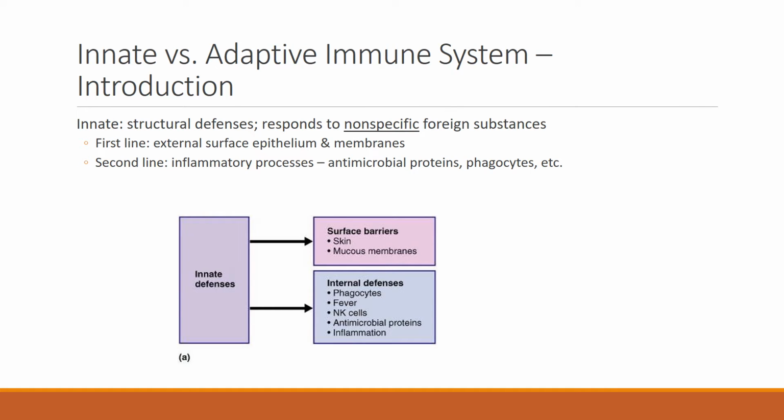With innate immunity, what we have are structural defenses, and these respond to nonspecific foreign substances. And so we have a first line of defense in which pathogens are exposed to the barriers offered by different surfaces that are exposed to our external environment.